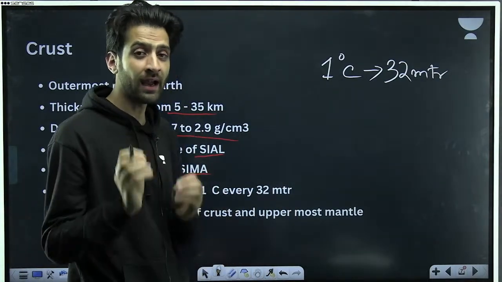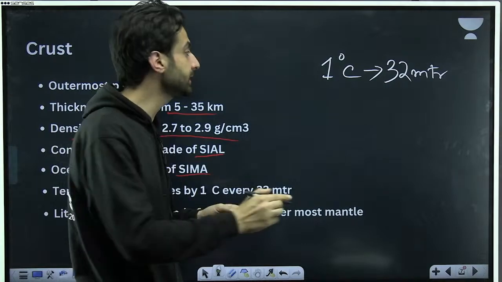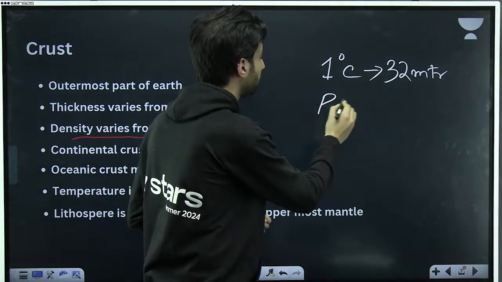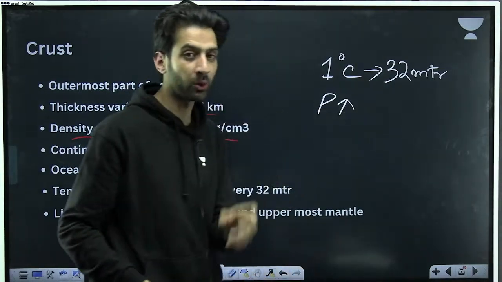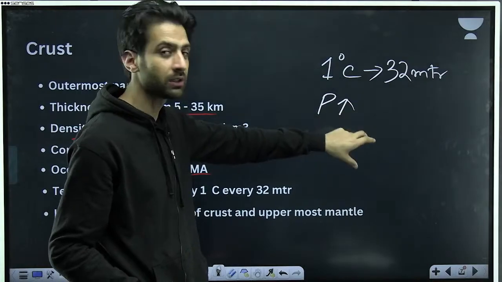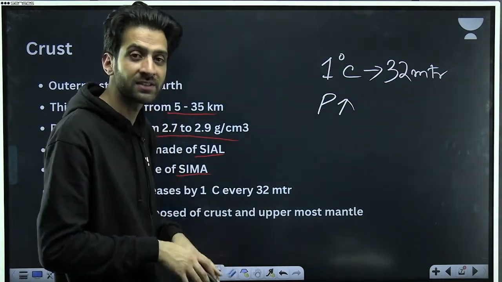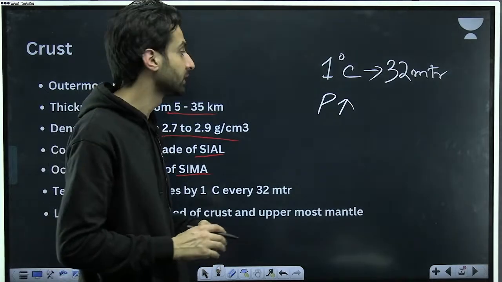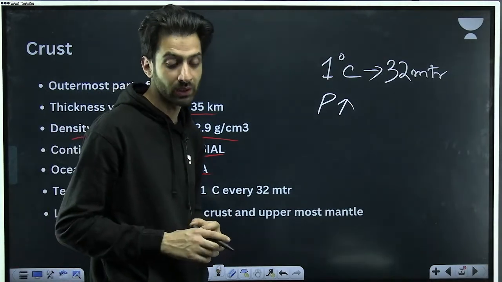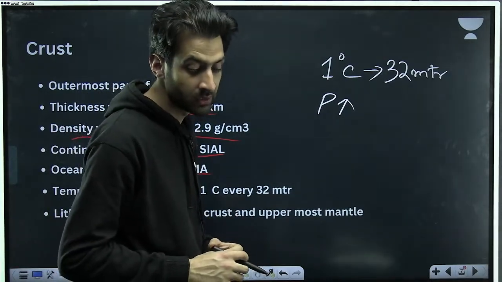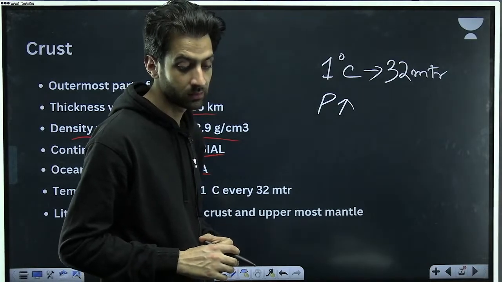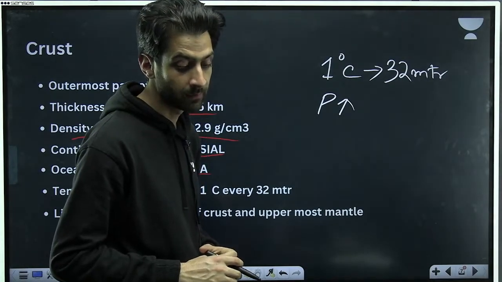Is it clear? And the pressure will also keep on increasing. This is very important that you understand how temperature and pressure are increasing, because that will eventually determine the underlying layers as well. If you have any question up until now, you can ask anything related to lithosphere, crust, or the upper part of the mantle.